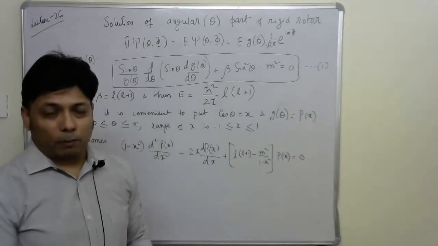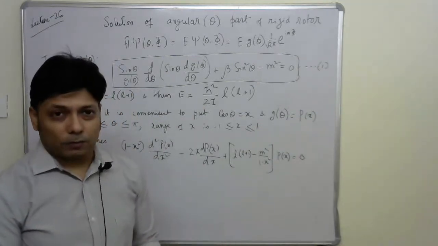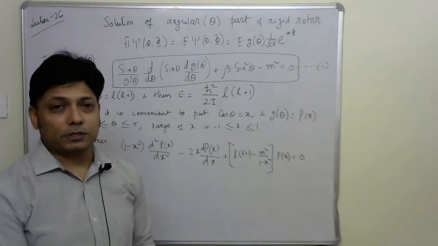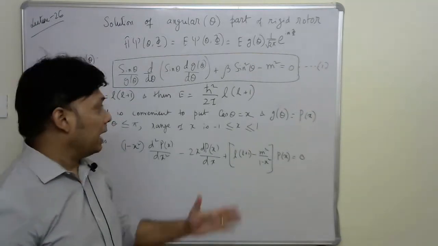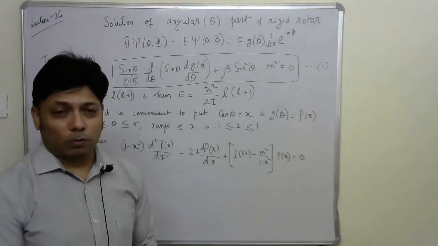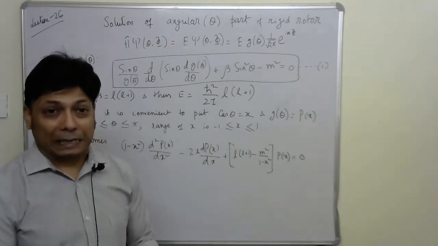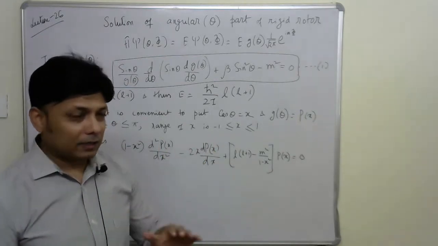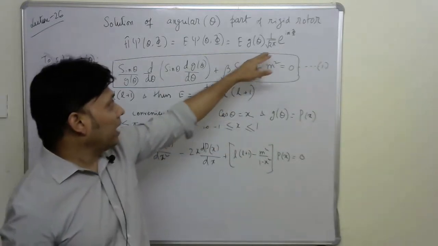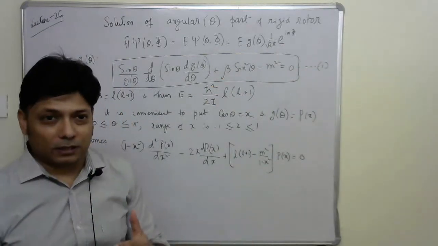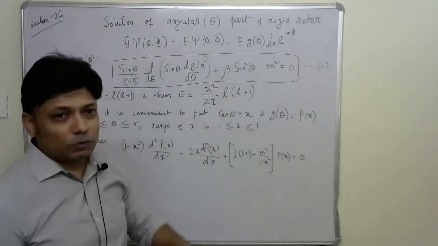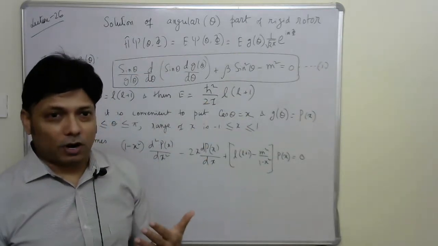You are already familiar with such quantum numbers for atoms, right? For example, M is the magnetic quantum number for atoms and L is the azimuthal or orbital quantum number. When we finish the hydrogen atom later, you will see that these L and M will be identical, so this part we don't have to solve extra.